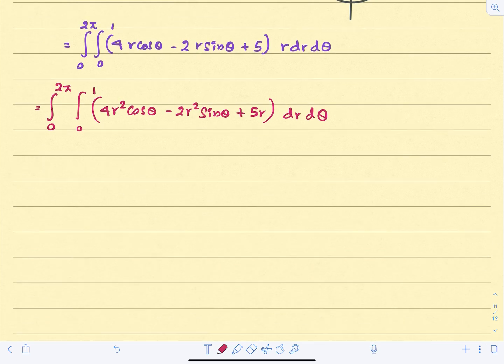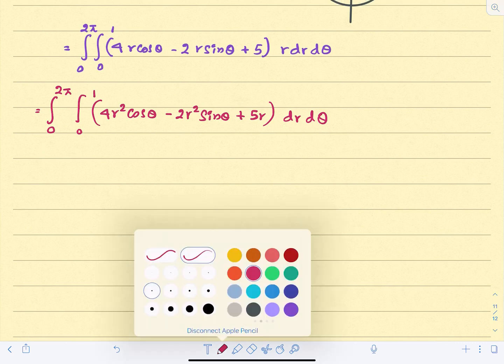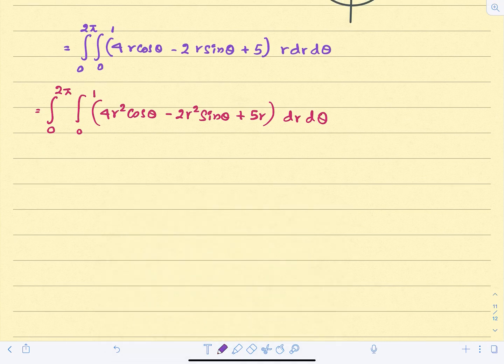Let's integrate with respect to the r variable first. So cosine theta and sine theta can be treated as constants. So you will get 4 cosine theta times the integral of r squared, which is r cubed over 3, minus 2 sine theta times r cubed over 3, plus 5r squared over 2.